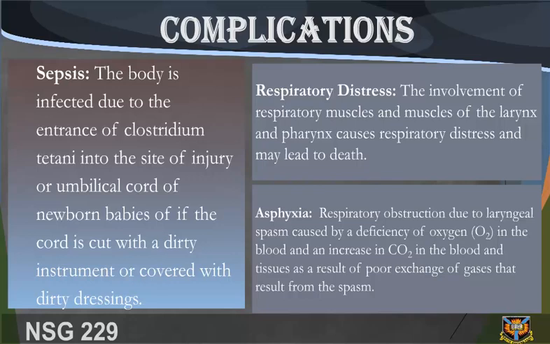Respiratory distress. The involvement of respiratory muscles and muscles of the larynx and pharynx causes respiratory distress and may lead to death. Asphyxia. Respiratory obstruction due to laryngeal spasm caused by a deficiency of oxygen in the blood and an increase in CO2 in the blood and tissues as a result of poor exchange of gases that results from the spasm.